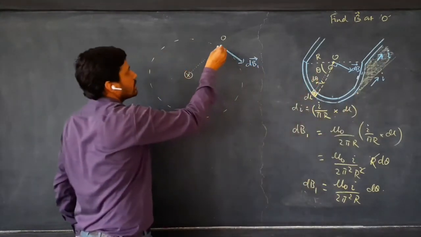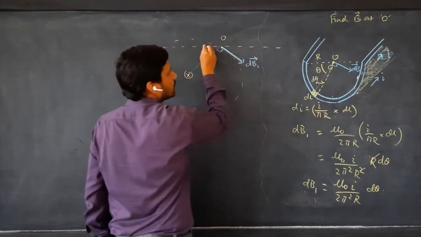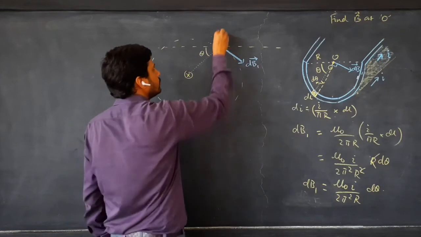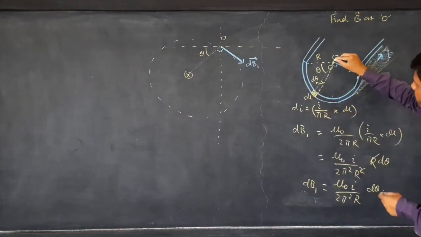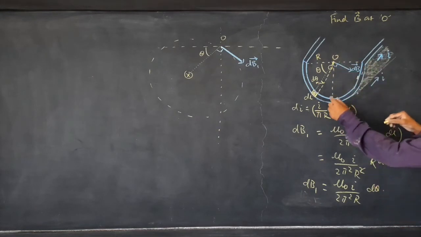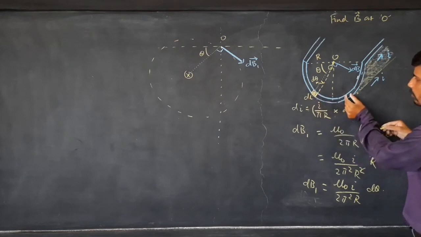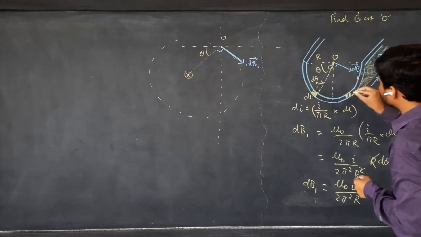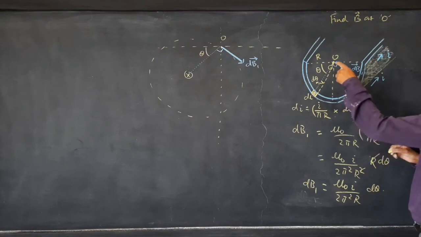Let me indicate that this angle was theta. We'll choose a symmetric element. That means if I drop a perpendicular from the center O over here, whatever angle this element is making, this element will also make the same angle with this axis, symmetrically placed. Same length dl, same current, same distance from this point O.